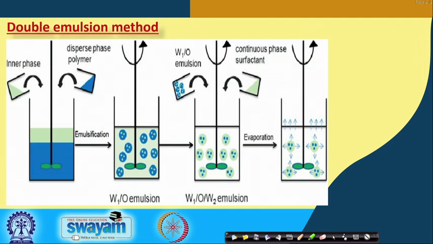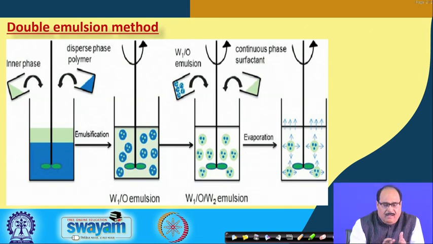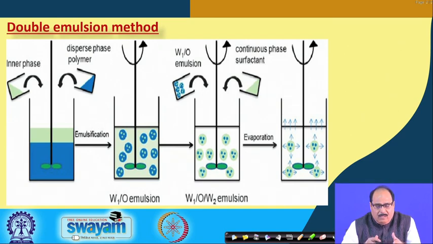In the double emulsion method, you can see in this figure that the inner phase and the dispersed polymer phase are mixed together to emulsify, and in the process a water in IL emulsion is formed, the first emulsion.